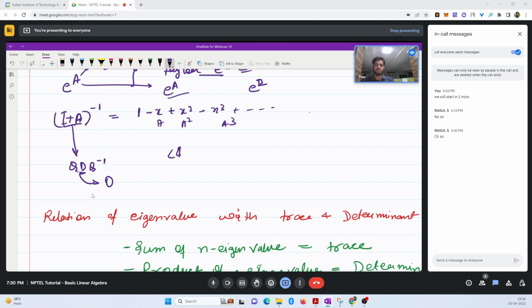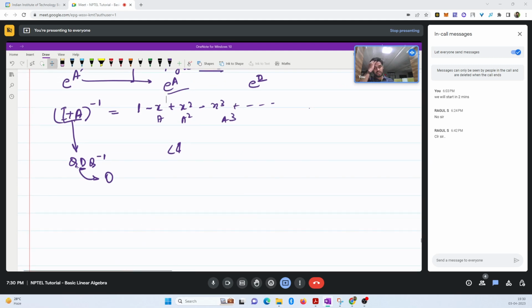One thing I'm just mentioning now, I don't think this will be covered in this course. Even in the cases when you don't have a diagonalizable matrix, like your matrix is not diagonalizable, you can find something called the Jordan canonical form.